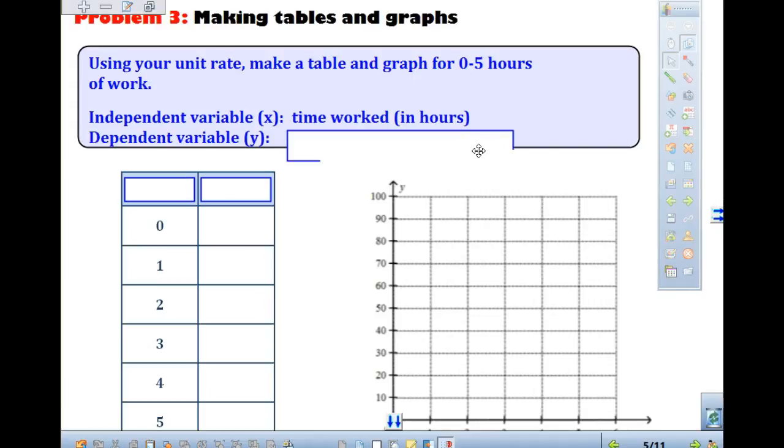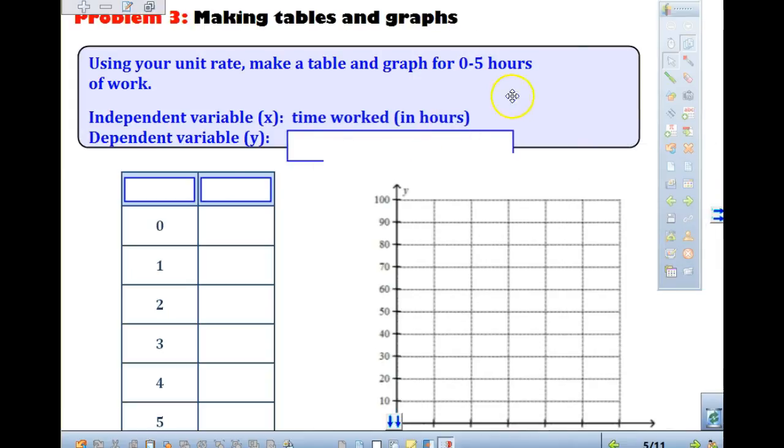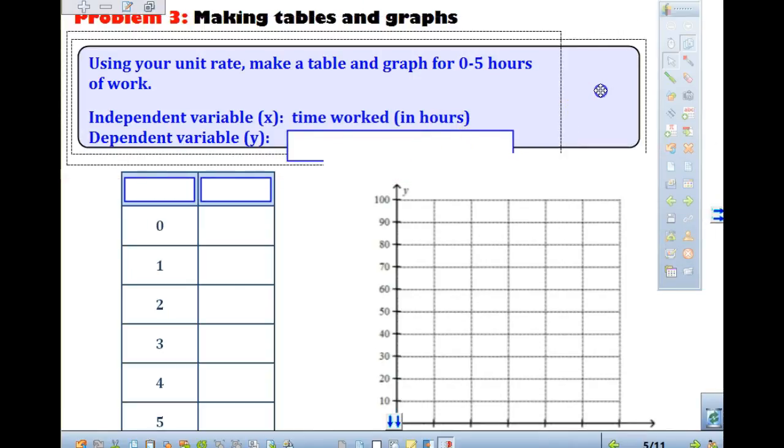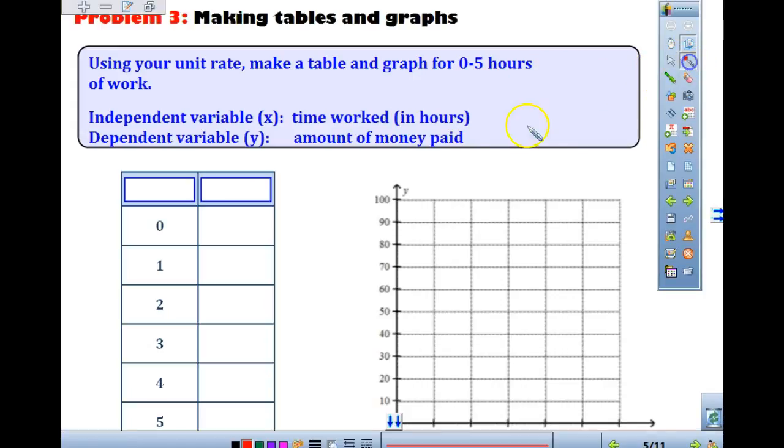Our y is going to be our dependent variable, and that would be, in this case, our money that we got paid, our dollars, money paid, our salary, however you'd like to write that, the amount of money. That's our dollars, right? That's our salary.